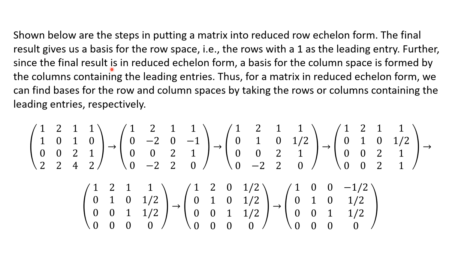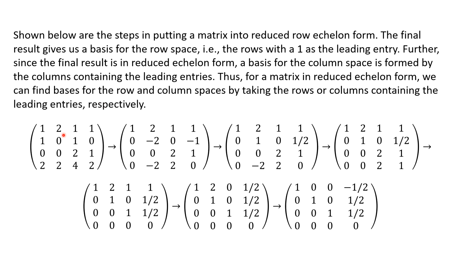Further, since the final result is in reduced row echelon form, a basis for the column space is formed by the columns containing the leading entries. Thus, for a matrix in reduced row echelon form, we can find bases for the row and column spaces by taking the rows or columns containing the leading entries respectively.